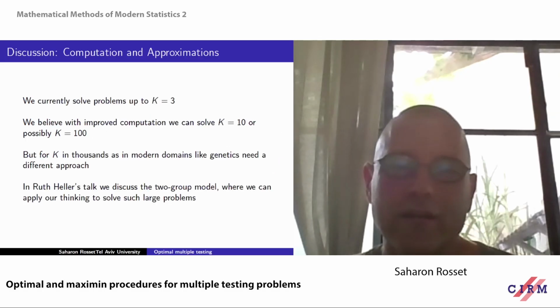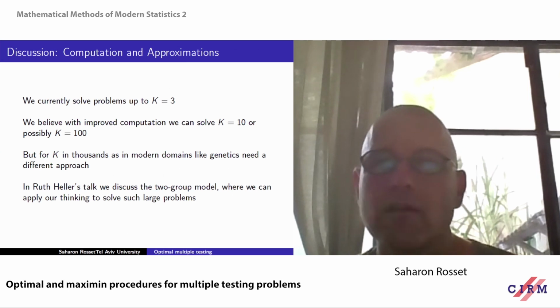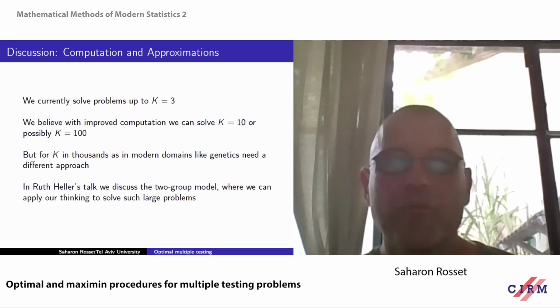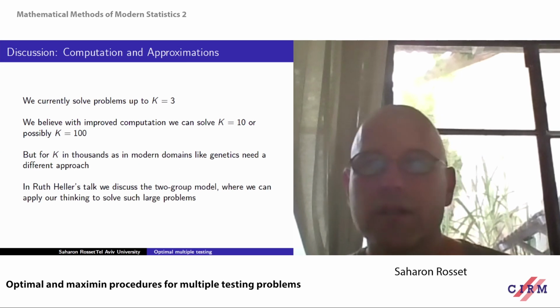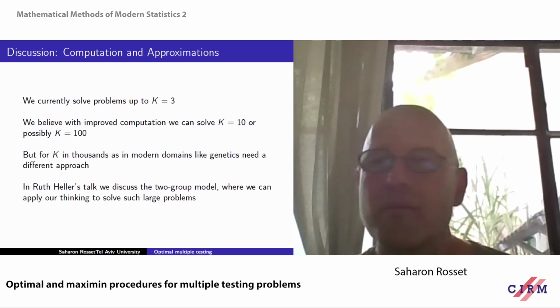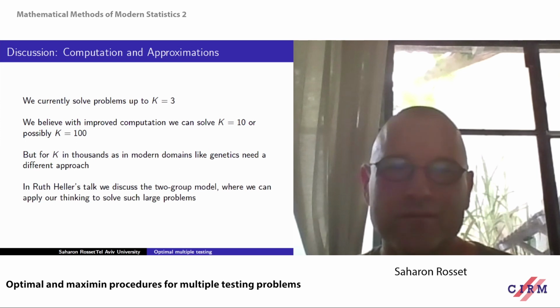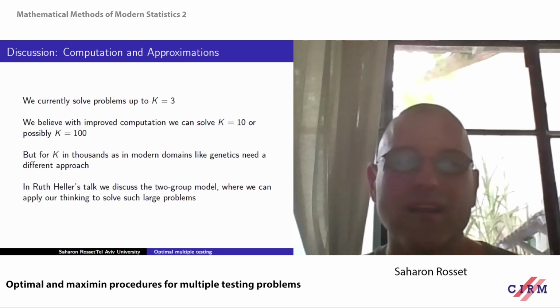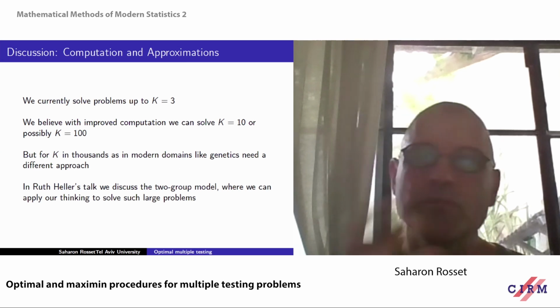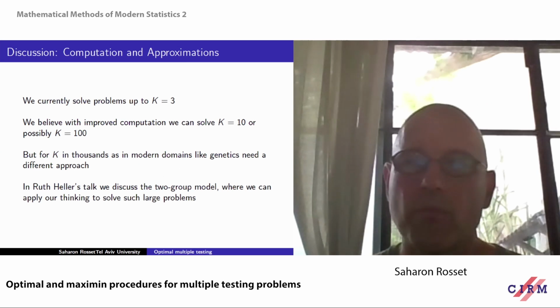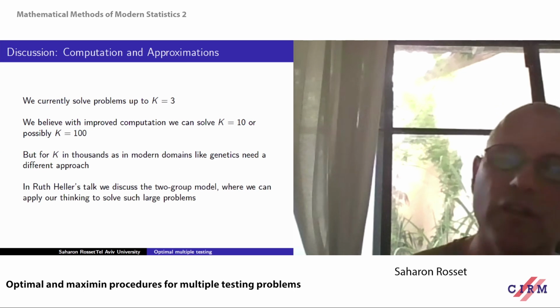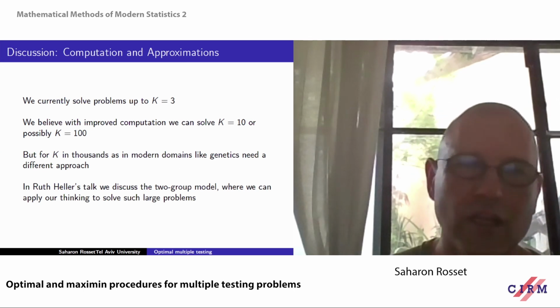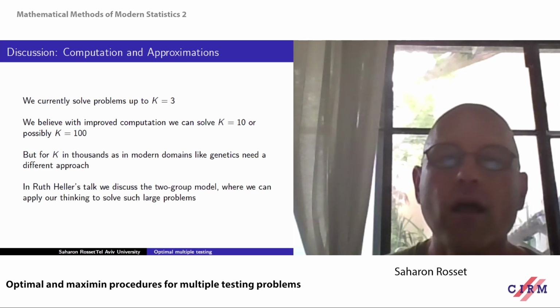We are working on, and expect to soon have, approaches that can solve pretty accurately up to 10 dimensions, but we're not sure at all that we can go to 100, and we do not expect that our approach as presented here is likely to be appropriate for thousands of hypotheses, which is of course important in modern scientific domains like genetics, physics, and so on.